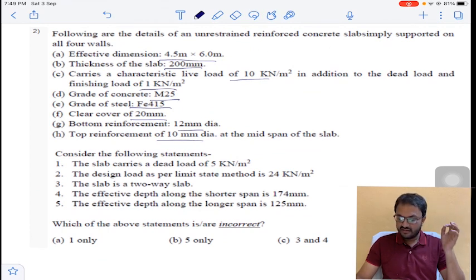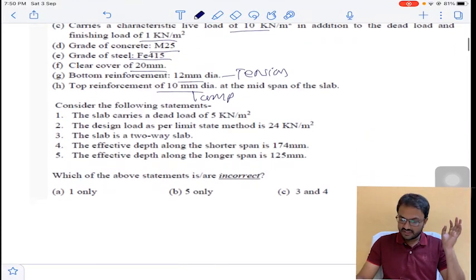So generally he has given different diameter bars for bottom and top reinforcement. For a simply supported slab, the top is compression and the bottom is tension. You need to observe this, and he has given 5 statements. We need to check whether those statements are right or wrong. So let's go with the solution.